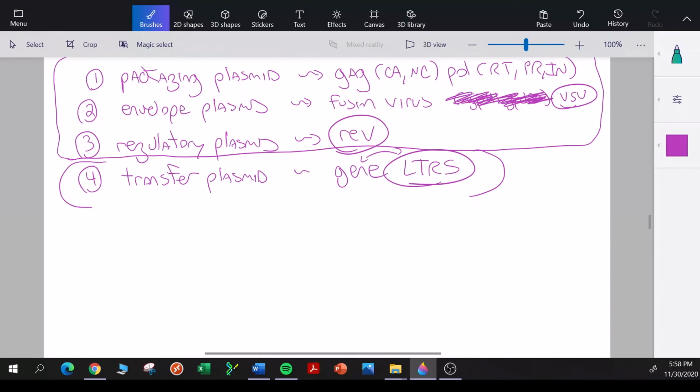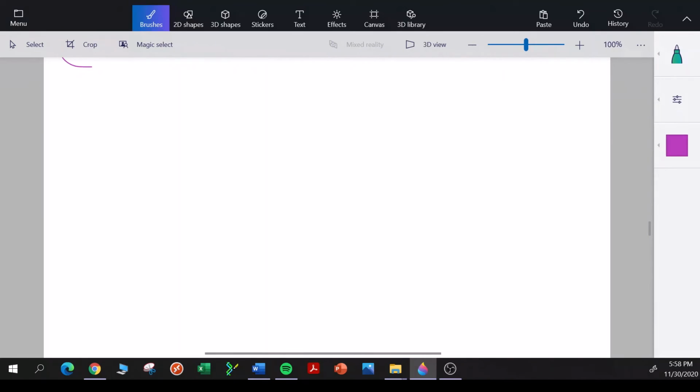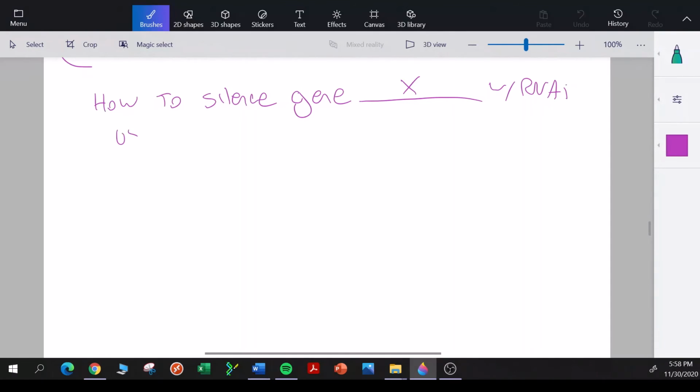So essentially, the question is, how do we silence a gene? Let's say gene X, any gene, we could put any gene there, with RNAi using a lentiviral vector. Lentiviral vectors are used with mammalian research.